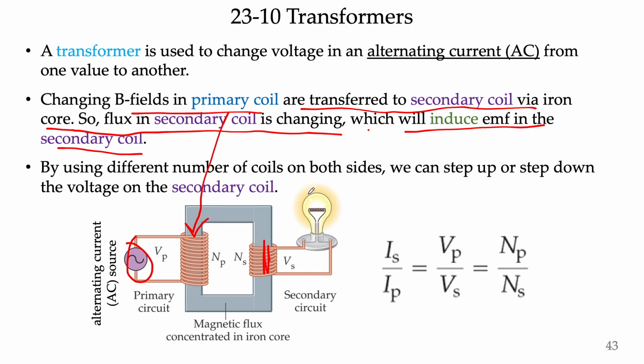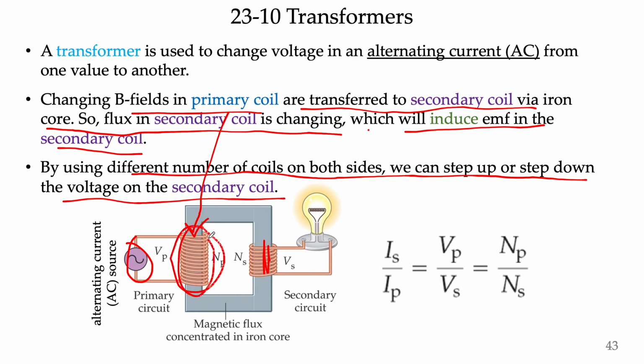Okay, so by using different numbers of coils on both sides, we can step up or step down the voltage on the secondary coil. So basically what we can change here is the number of turns in this coil and the number of turns in this coil.